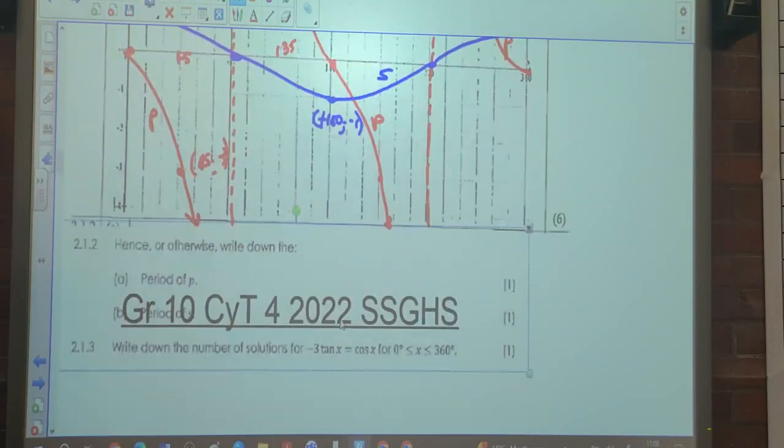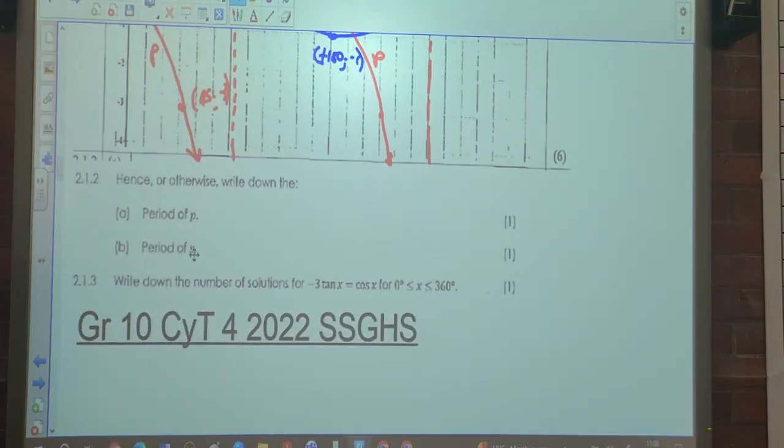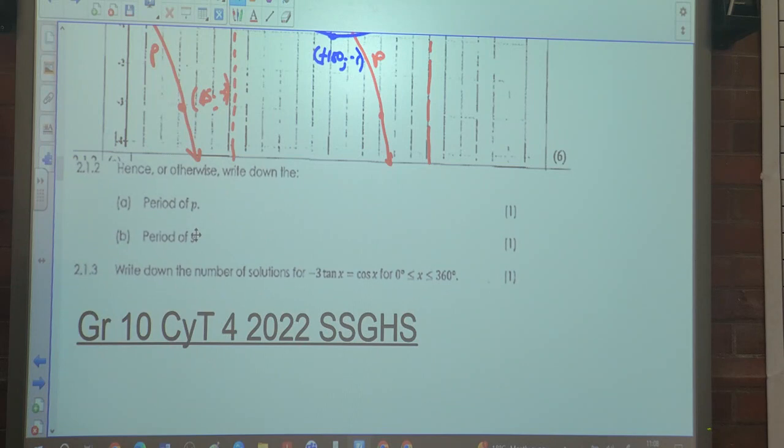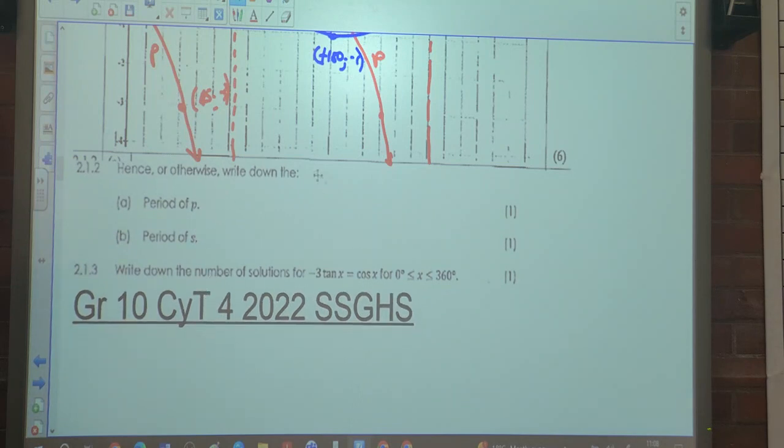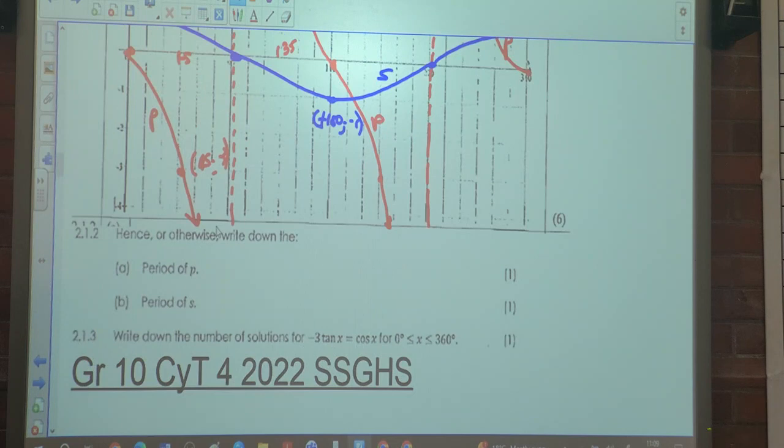Okay. So now the question says, hence or otherwise. So if it says hence, I must use the previous answer. And the previous answer here was the sketch. Not so. Hence or otherwise, write down the period of P.